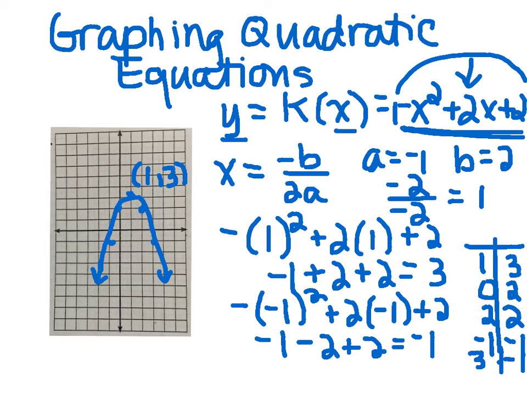It opens downward because a is negative, and its axis of symmetry is x equals 1, and it has a maximum or greatest value of 3. That's the highest point in the parabola.